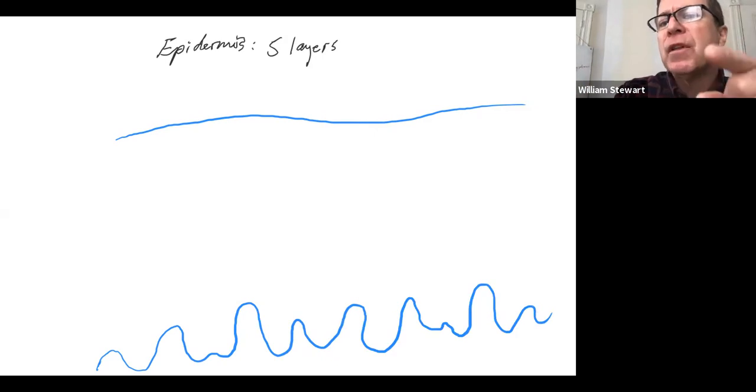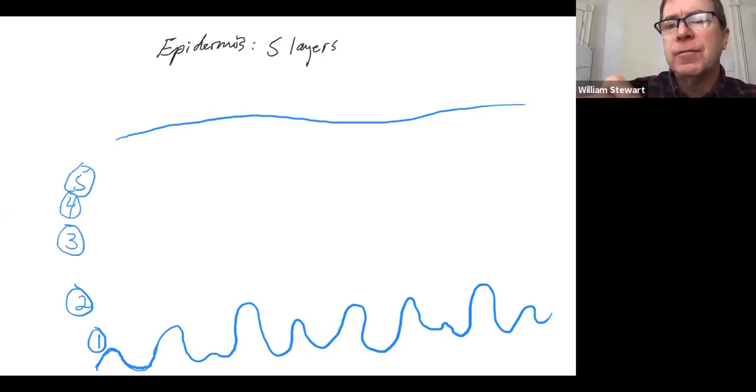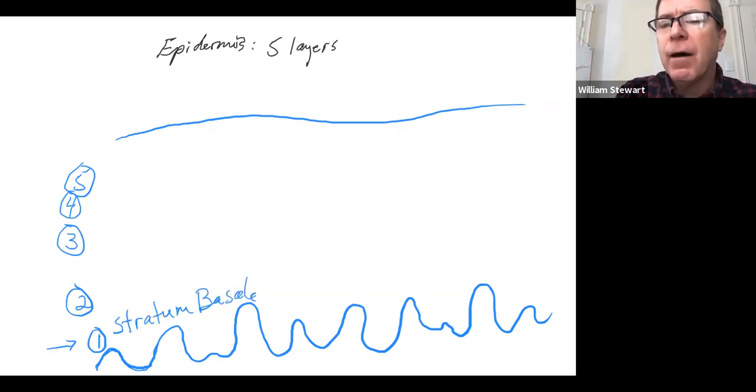When we number the layers of the epidermis, they go like this. They start down here, deep, and they go 1, 2, 3, 4, and 5. The deepest layer of the epidermis is called the stratum basale.